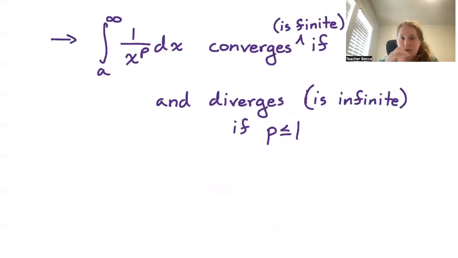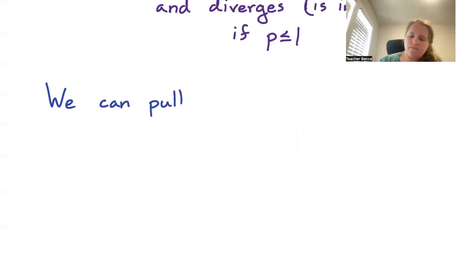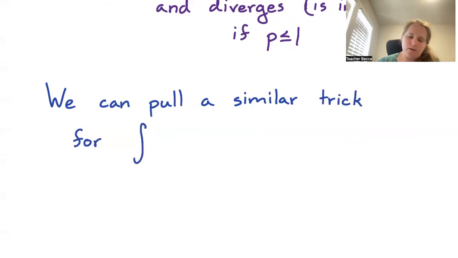We can do a similar thing for the integral from 0 to b. Right? So we can pull a similar trick for the integral from 0 to b of 1 over x to the p dx.